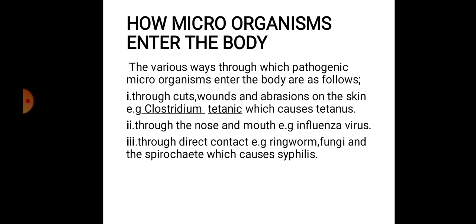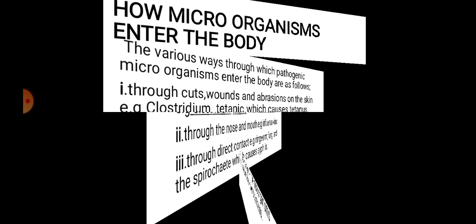If you touch somebody, if you shake somebody, you'll be contacted with Ebola. So through direct contact, microorganisms can also enter our body. So ensure that you take care of yourself so that all these microorganisms will not enter your body through this medium. Now let us look at the carriers.